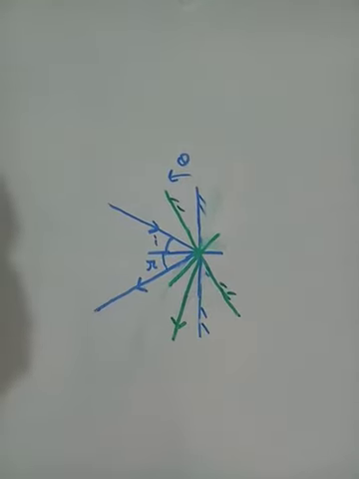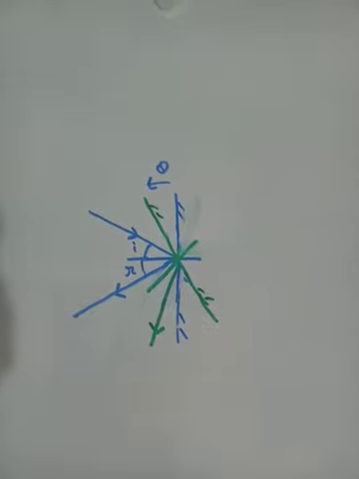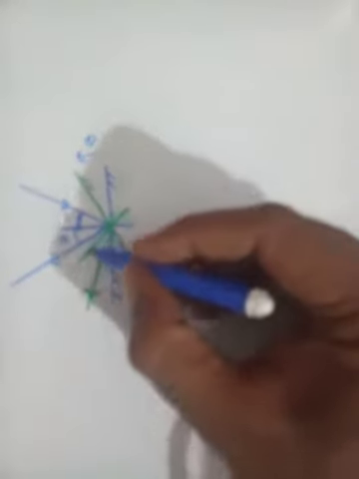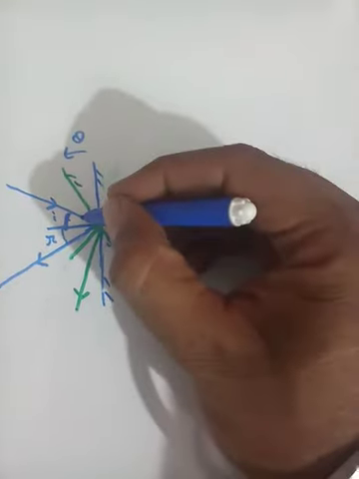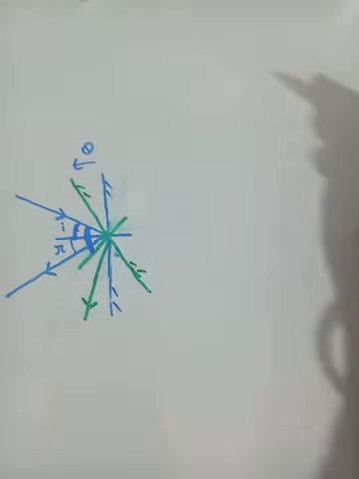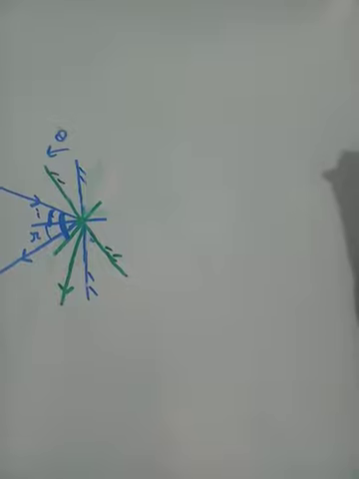So previously you have checked what was the incident angle. It was the angle between incident ray and normal. That was this angle. But now this is the new normal. So what will be the angle of incidence? This will now be the angle of incidence. Got it?